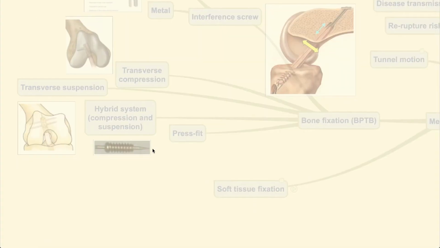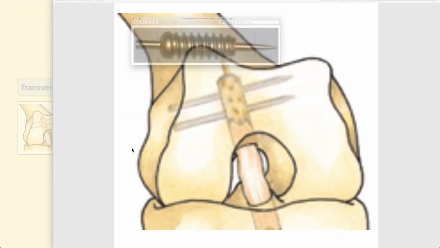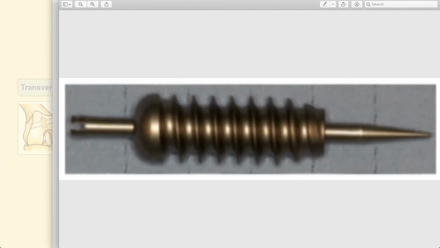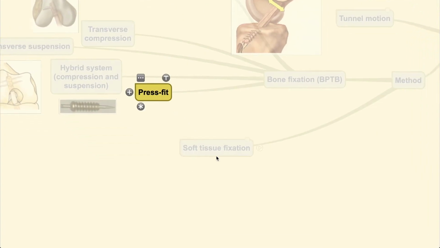The other technique that could be used is the hybrid system, where you actually suspend the graft using this pin here in the center, and you also compress the graft inside the tunnel through a transverse force. This is a hybrid system, and the last one would be the press fit system.